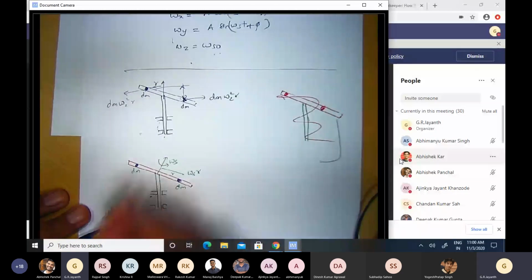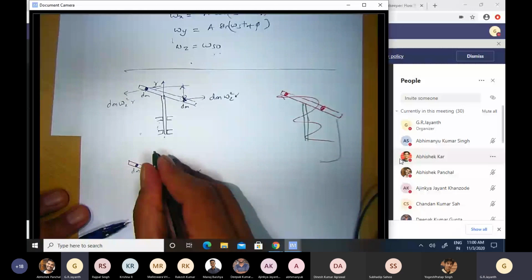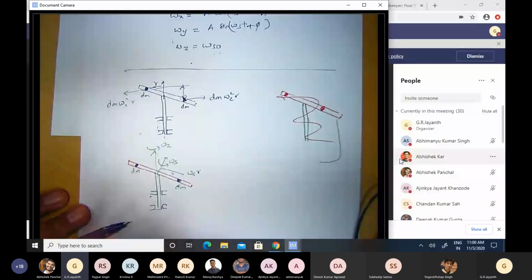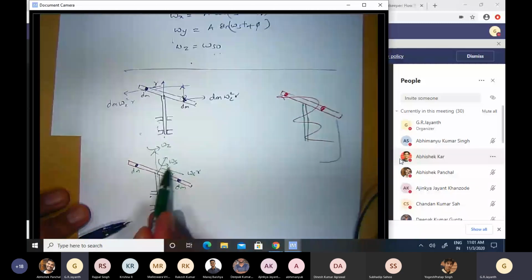The shaft is rotating about its z-axis at a rate omega z. This is spinning at a rate omega s relative to the shaft, and therefore, if I consider any mass here, that mass is moving at a linear speed equal to omega s times r if that mass is at a distance r from the axis of rotation.